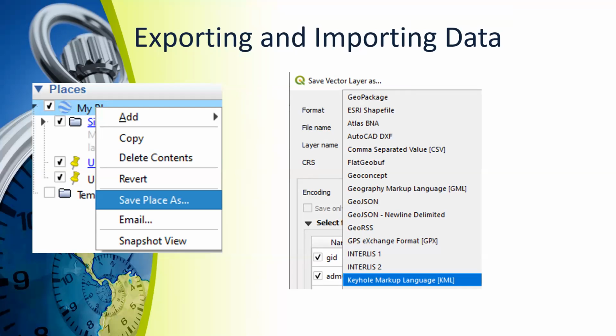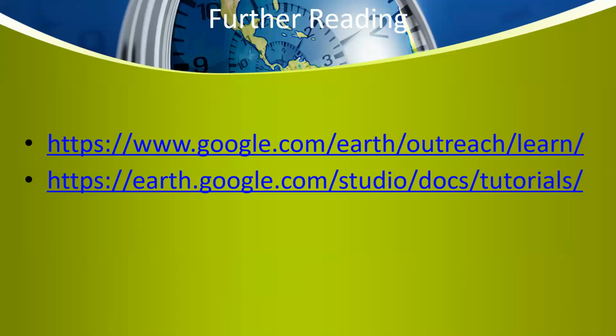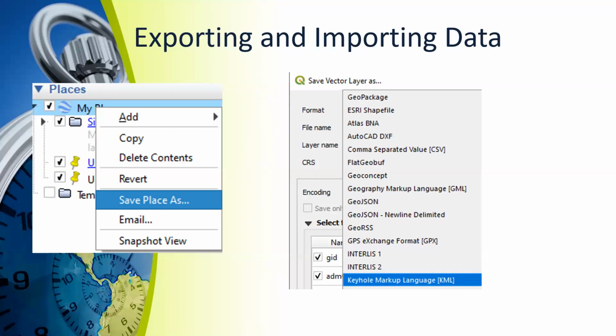And any other software, as long as the GIS software can read what you call the KML, keyhole markup language, then you're good to go. So QGIS supports keyhole markup language, the KML and KMZ. So let's see how we can do that. Then, yeah, we can look at those links for further reading. So these will be our final steps for this session.